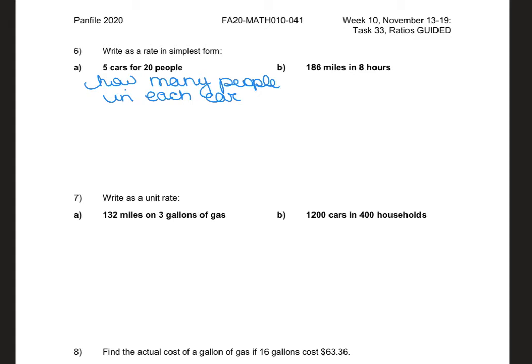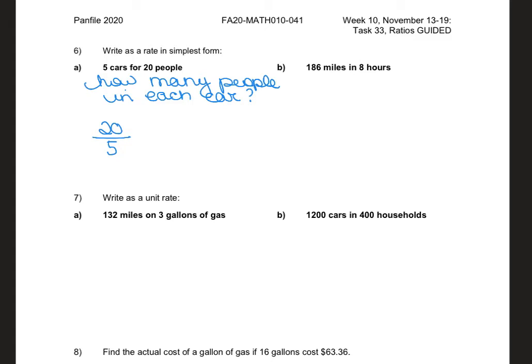So if we want the cars to be simplified, right? So we want 20 over 5.